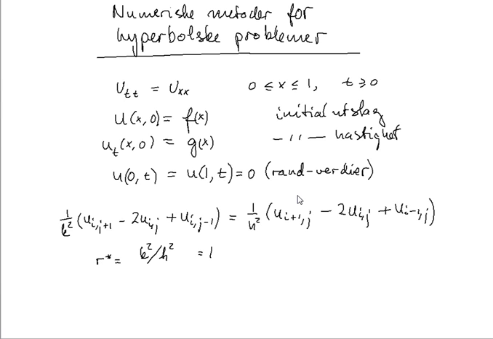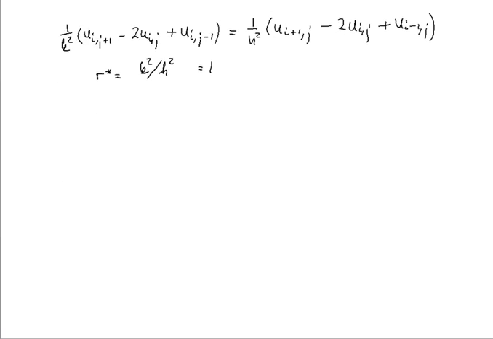Because we remember that u_xx is equal to this, and of course when the discretization step is equal to k with respect to t, then we have this on the left side. We will assume that r star, which is defined by k squared over h squared, is equal to 1. So we have equal step length in the two directions, both x and t.